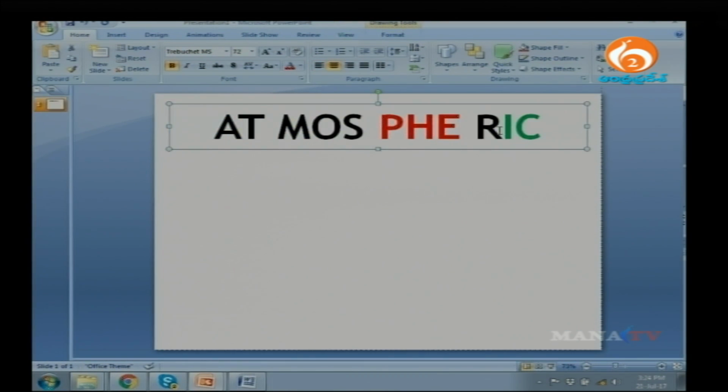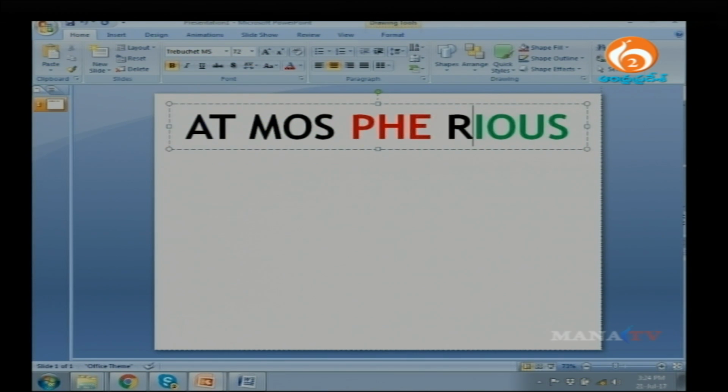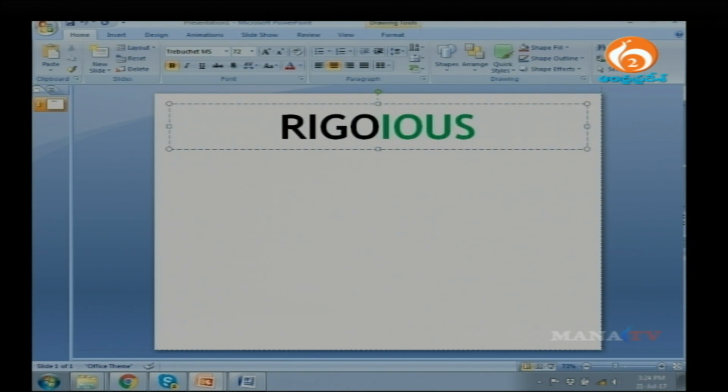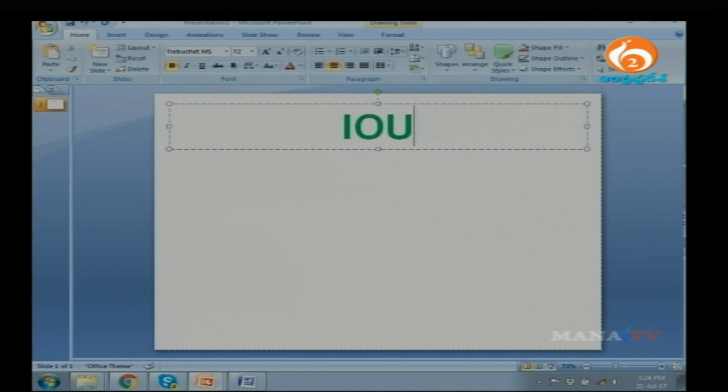Any word that ends with IOUS. Okay, IOUS or EOUS. Let's take IOUS first.